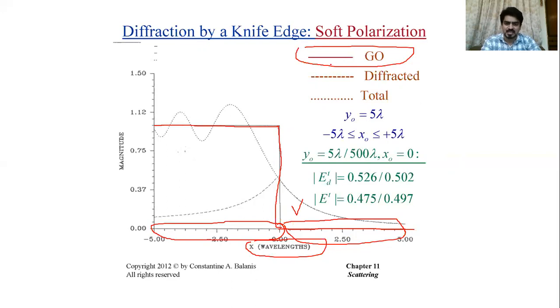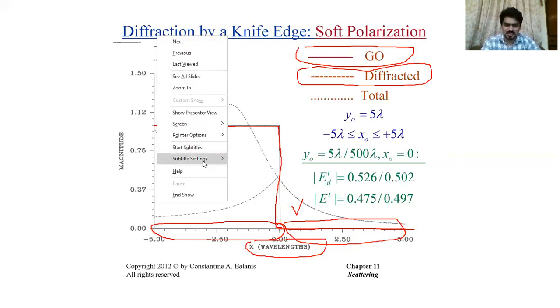Those diffracted fields are represented by the dash line. That is nothing but this one, let me just highlight that.